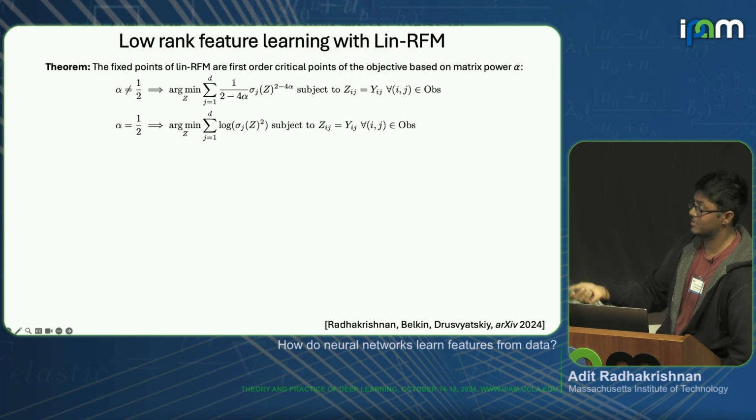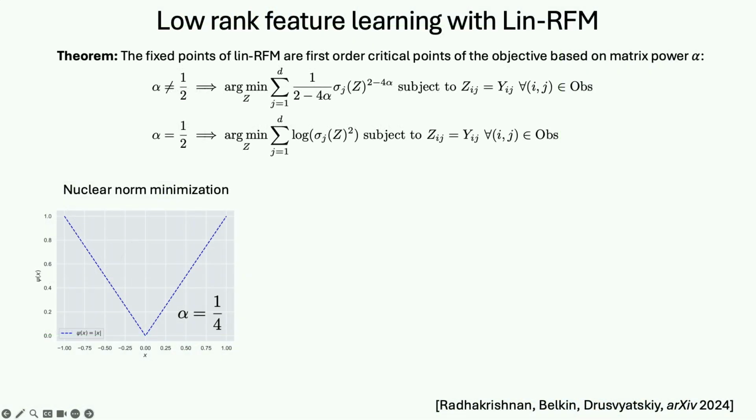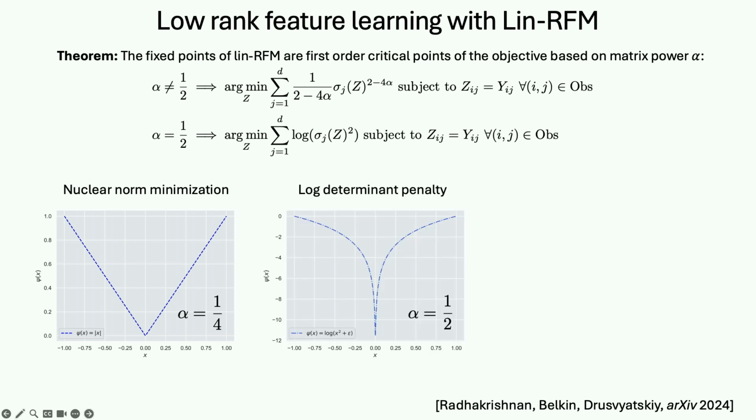And just to give some examples of what the theorem looks like, for different values of alpha, if alpha is 1/4, this actually just corresponds to the case of two-layer linear nets. You get exactly nuclear norm minimization. If alpha goes to 1/2, interestingly, this corresponds to the implicit bias of infinitely deep linear nets. You get the log determinant penalty on the singular values of your reconstruction.